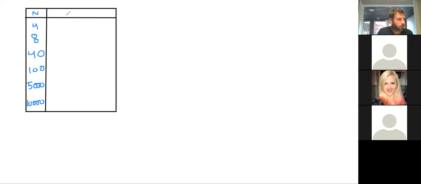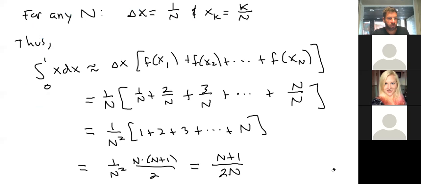Well, let's call it A sub n. Remember that name we gave it the other day. Oh, we know it is. We figured it out. It's that from our previous page, (n plus 1) over 2n.